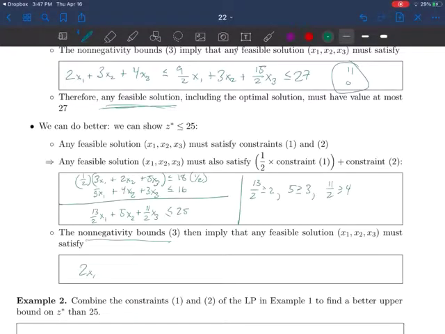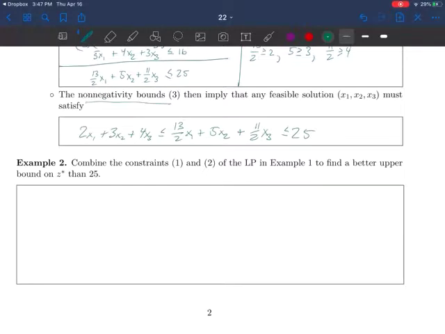And because, again, there are non-negativity bounds, I know for any feasible solution that 2x1 plus 3x2 plus 4x3 is less than or equal to 13 halves x1 plus 5x2 plus 11 halves x3, which we just showed is less than or equal to 25 because of the combination of the constraints.